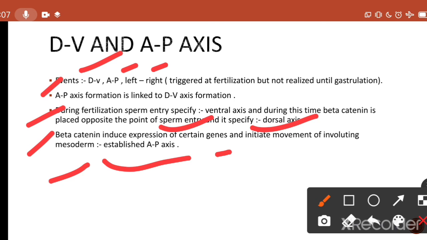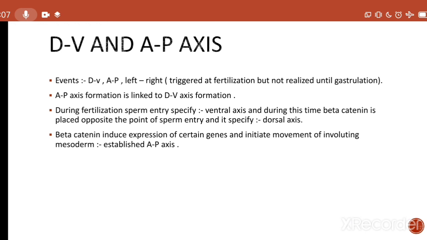Mesoderm that involutes later will signal the ectoderm to form more posterior structures such as the hindbrain and spinal cord. So this process whereby the central nervous system forms through interaction with the underlying mesoderm has been called primary embryonic induction. So this was all about the introductory part.